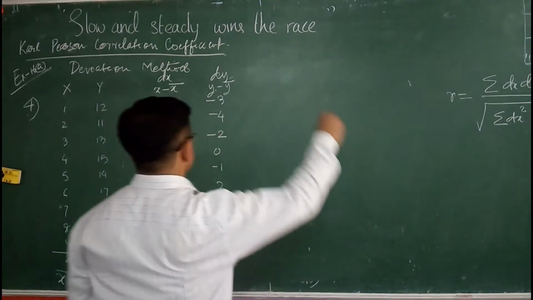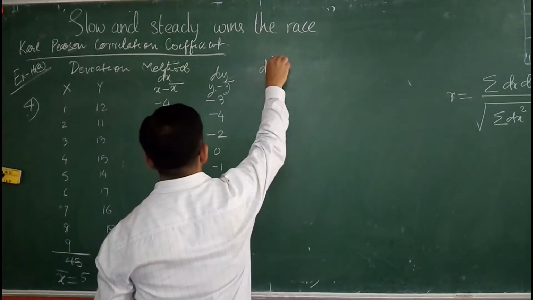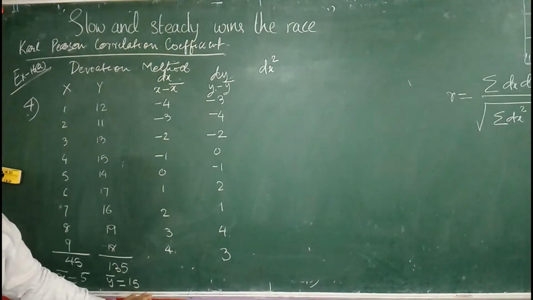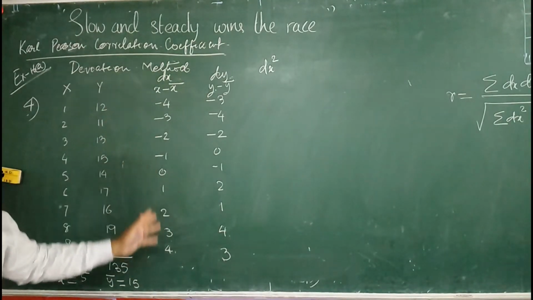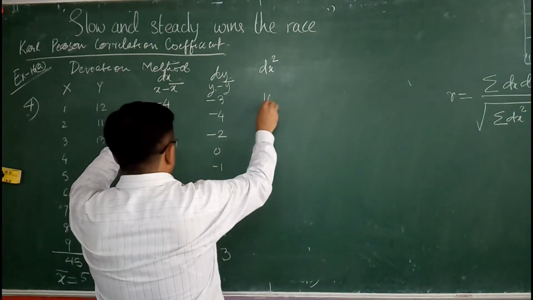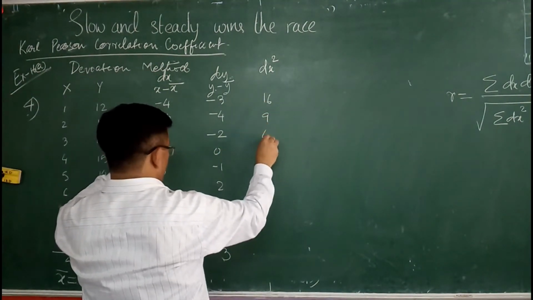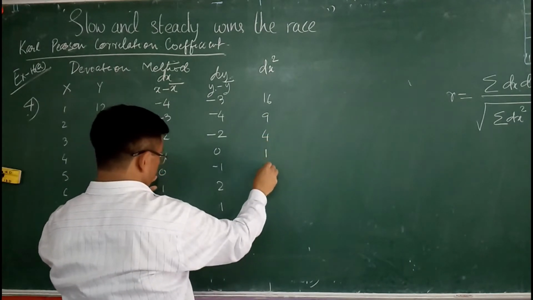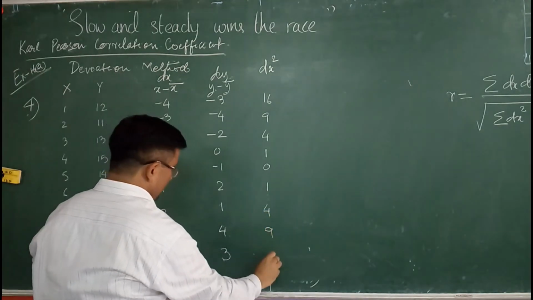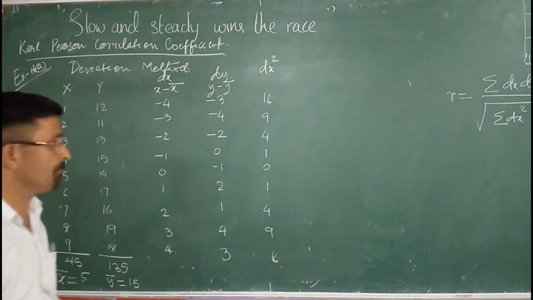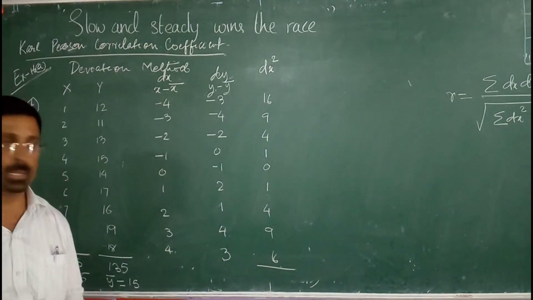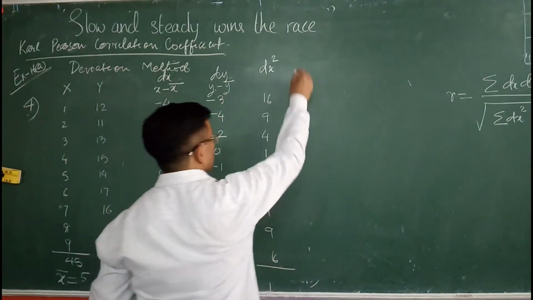So first we calculate the column for dx square. Your dx is this, and now we find the square of all these terms. It means whatever terms are negative will turn into positive. This is 16, 9, 4, 1, 0, 1, 4, 9, and 16. According to the formula, we need the sum of this column. If somebody can find the sum, in the meantime I'll find dy square.